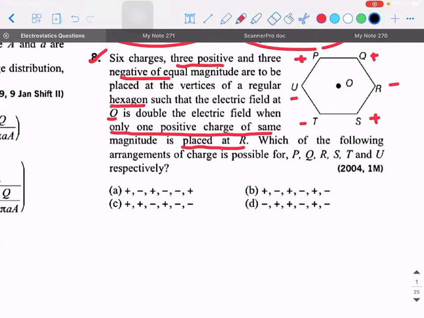P and S will get nullified. U and R will also get nullified. What about Q and T? I think I made a mistake. Check it. Okay. So this part you can take as homework.